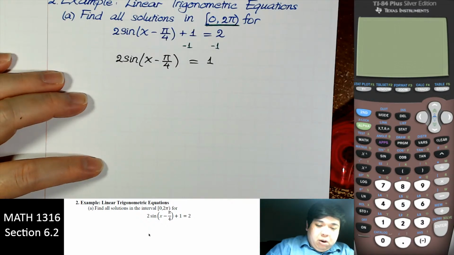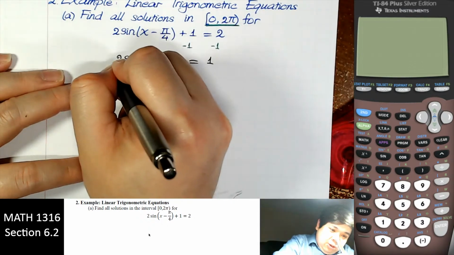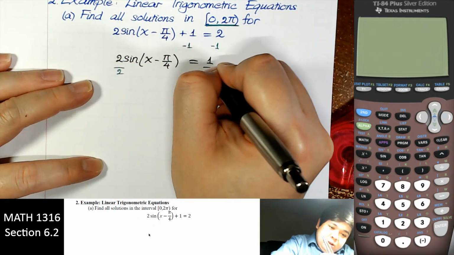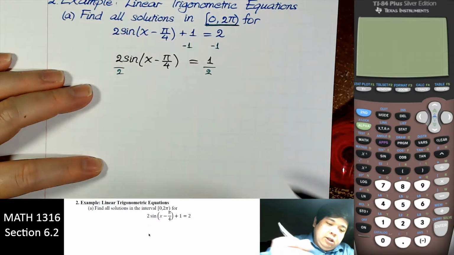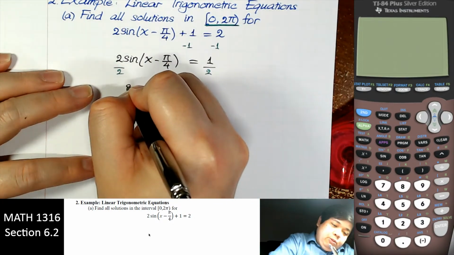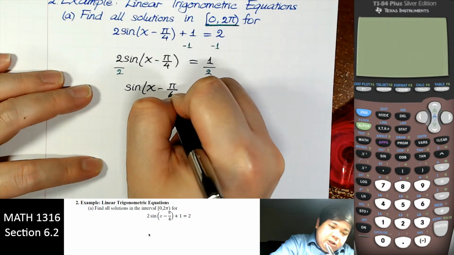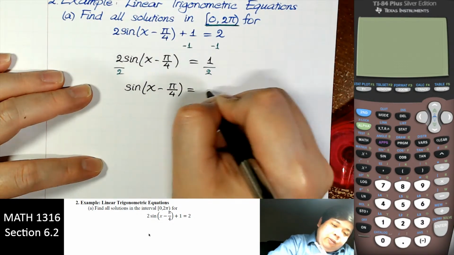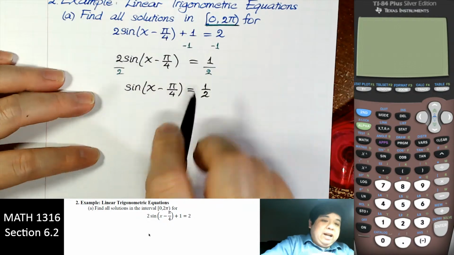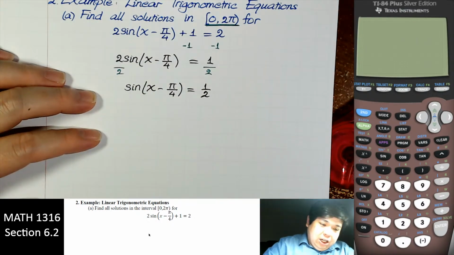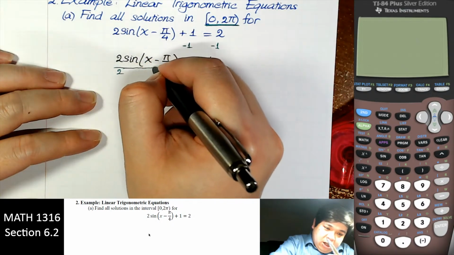And then we divide by 2. So we have sine of (x minus pi over 4) equal to 1/2. Now we have a trig function equal to something.